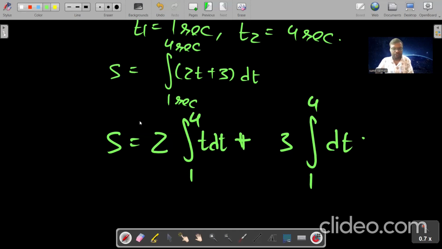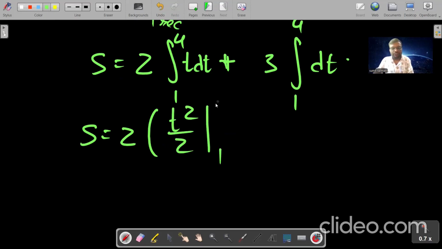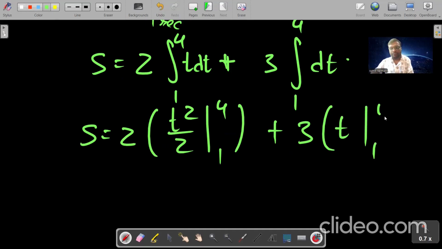So displacement s will be equal to 2, and the integration of t, where the power is 1, x to the power n plus 1 upon n plus 1, will become t square by 2, with limits 1 and 4, plus the integration of dt, which will be t, with limits 1 and 4.